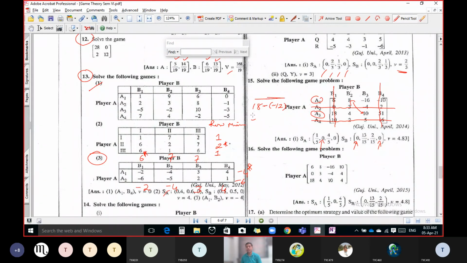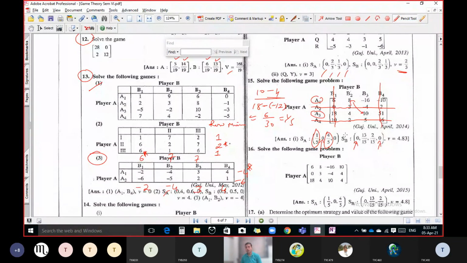So 18 plus 12 is 30. In the numerator, 10 minus 4 is 6. If we cancel 6, we get 1 by 5, which is the probability of A1. So the remaining A3 is 4 by 5. Over.